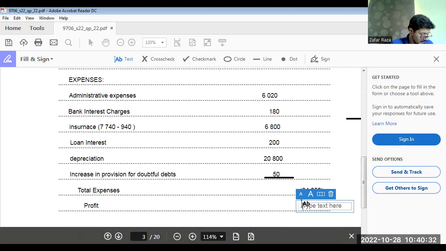Net profit 53,620. This is our profit. Getting my point here. This is how we have to make the income statement.